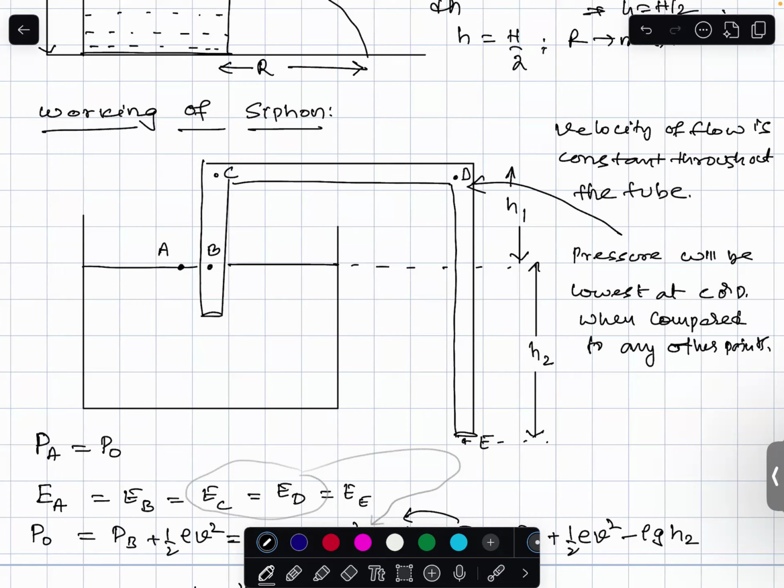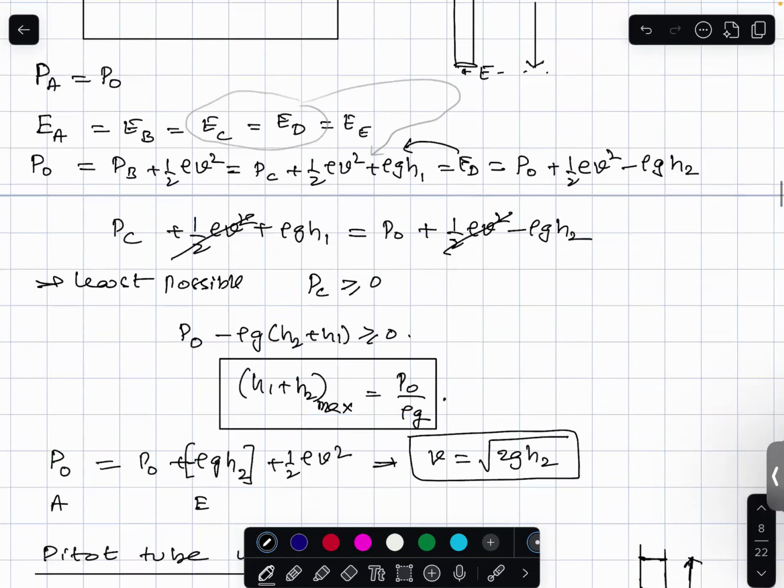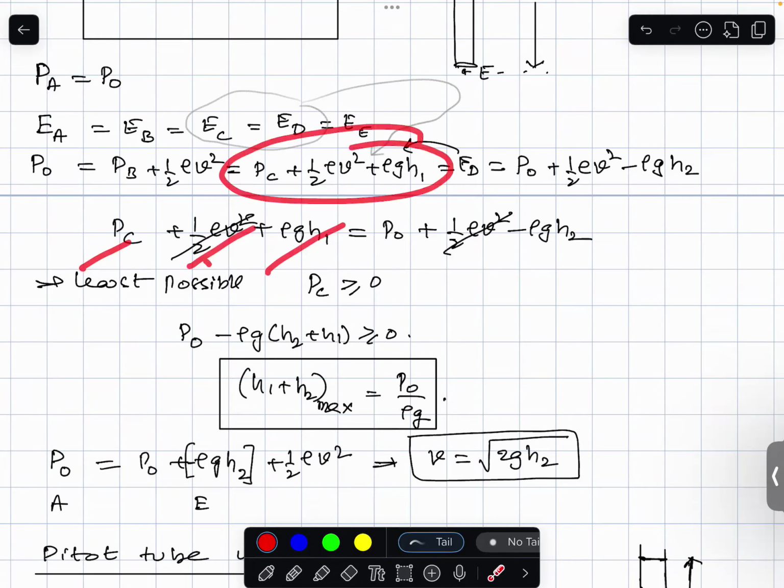Right. Till this point, do you have any doubt, students? Anyone having doubt till this point? Now what I am going to do is take PC plus half rho v square plus rho g h, and this step equals this step. So in this case, this must be greater than or equal to 0, which means P naught minus rho g (h2 plus h1) is greater than or equal to 0.